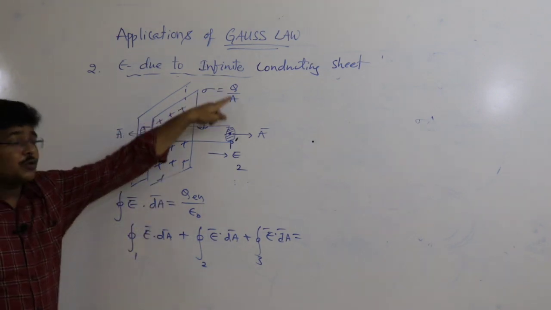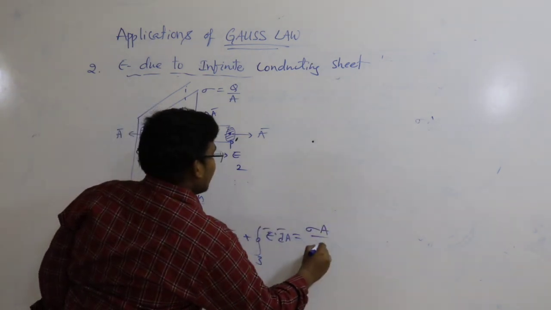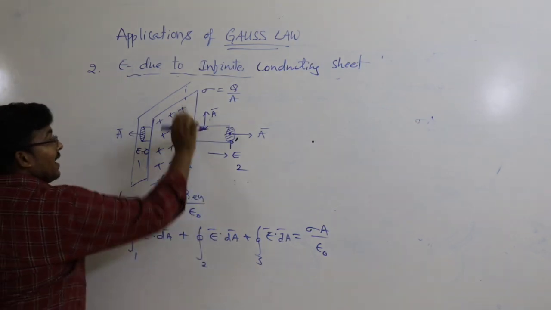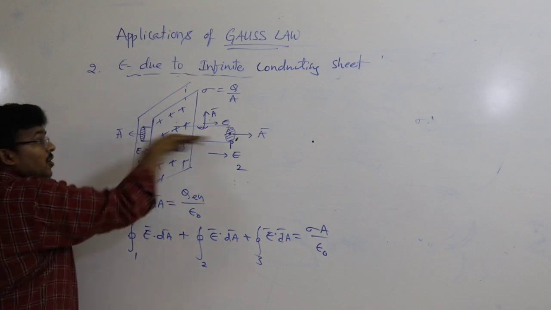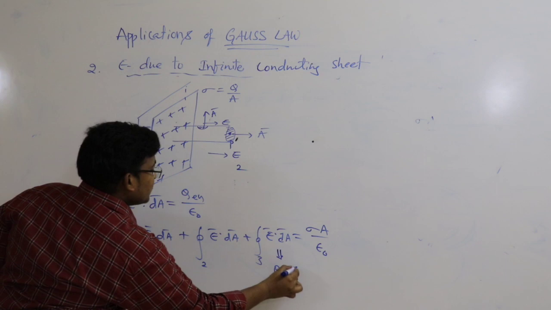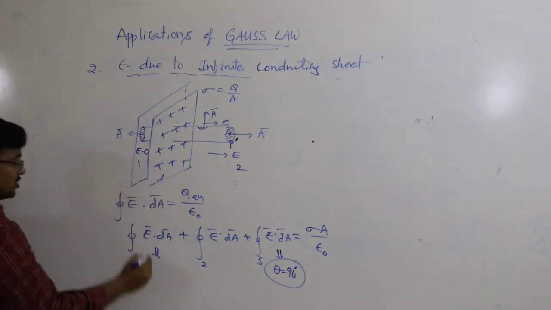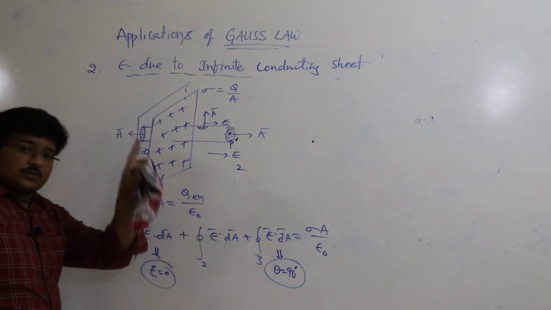You know that sigma is equal to Q upon A, so Q is sigma A, so sigma A by epsilon naught. For the third, the angle between the electric field and the area vector, because the sheet is like this, the field will be horizontal, so theta is 90 degrees, hence there is no flux linked. And in the first one the electric field is 0, so that flux is also 0. We are left with only this one, right?